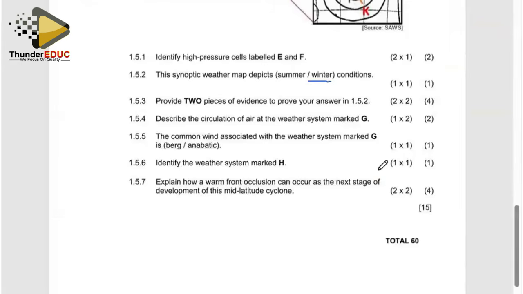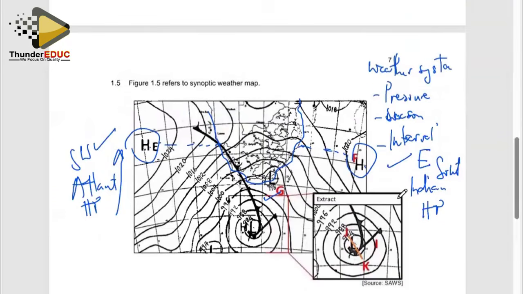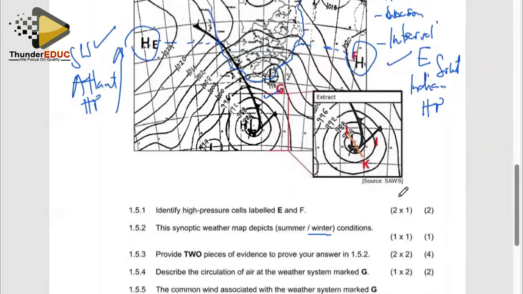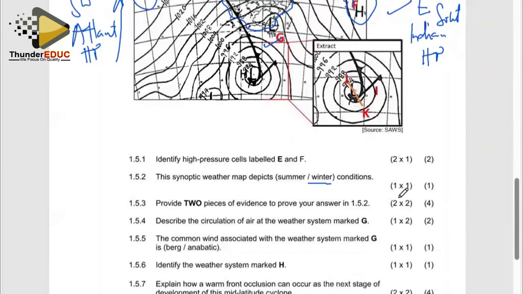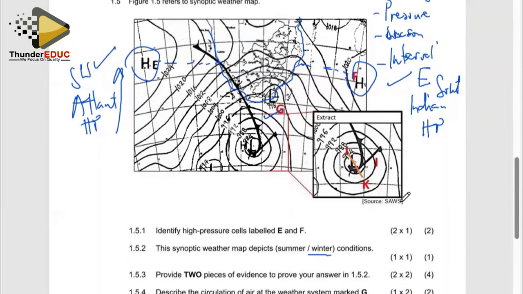Describe the circulation of the air at the weather system marked G. Let's look at the weather system marked G. Right, if we look there, it suggests the circulation of the weather system marked G. Our weather system in question here is this mid-latitude cyclone.